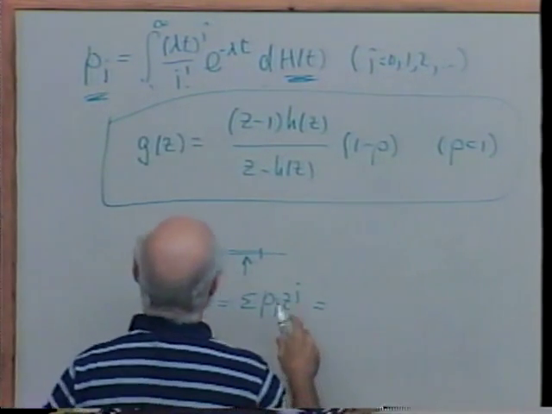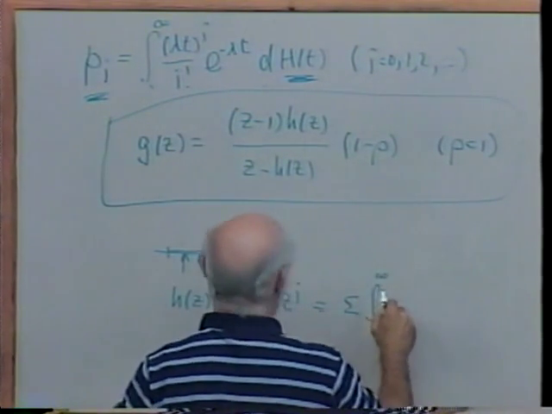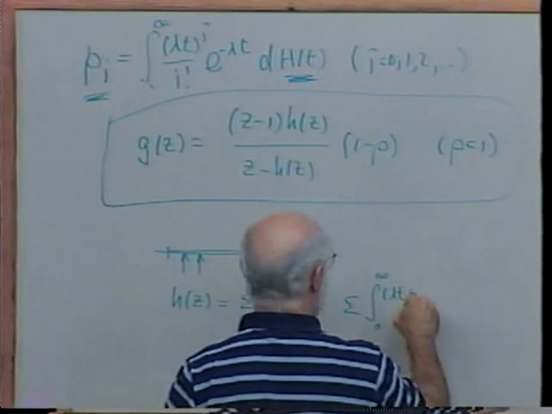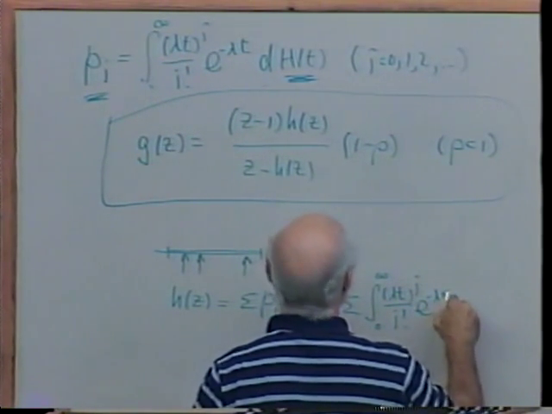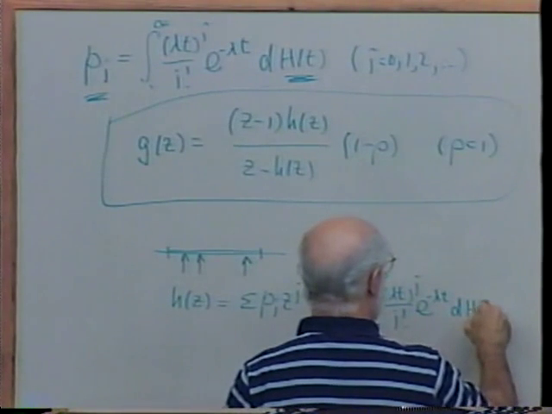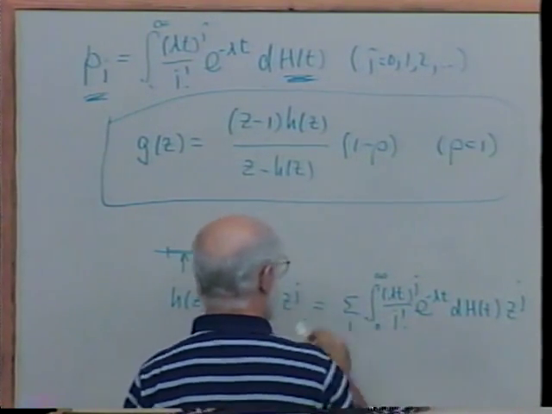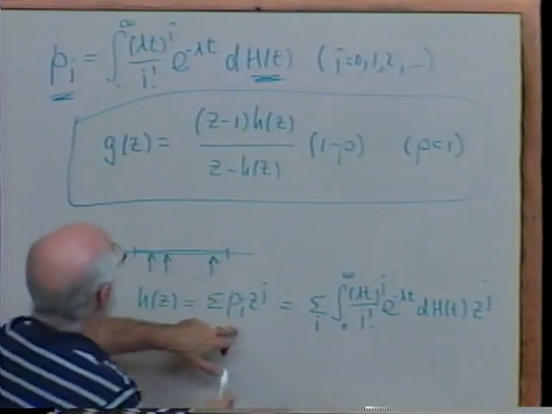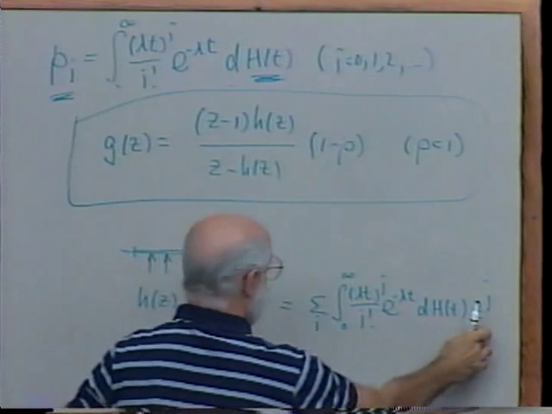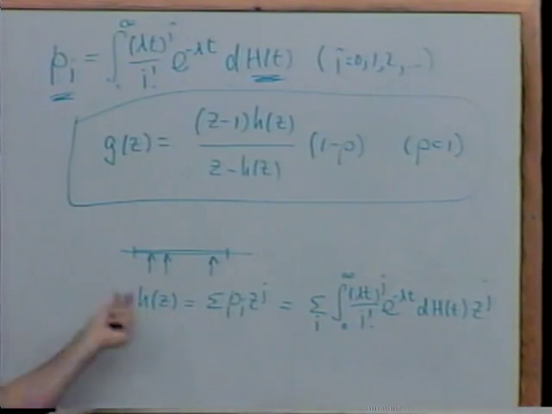So that would be the sum of the integral from 0 to infinity of (lambda t) to the j over j factorial e to the minus lambda t dh of t, times z to the j. All I did was plug in what pj is, multiply by z to the j, and sum it. That makes it a generating function.